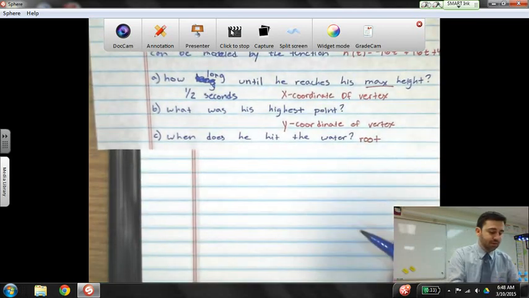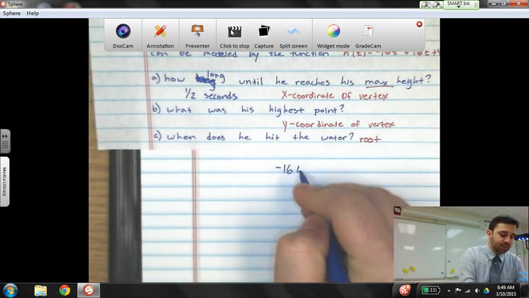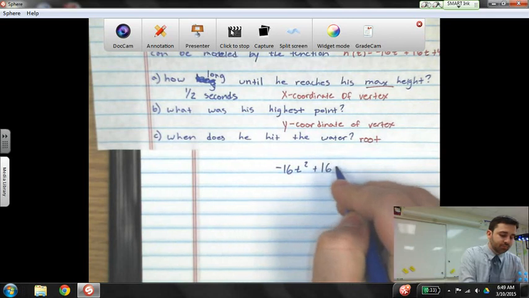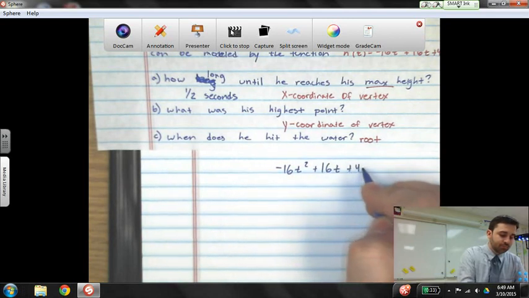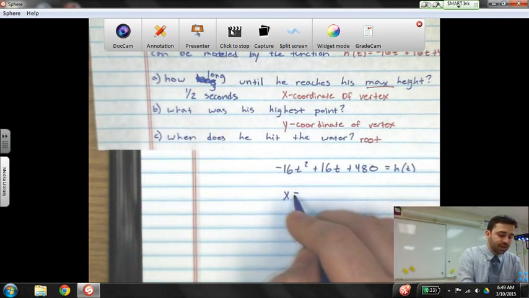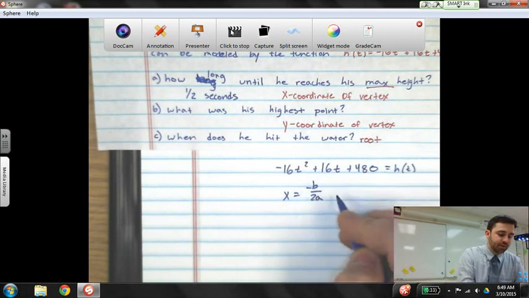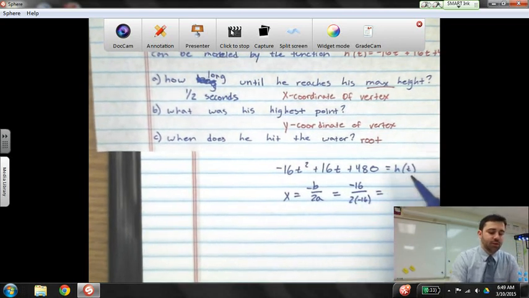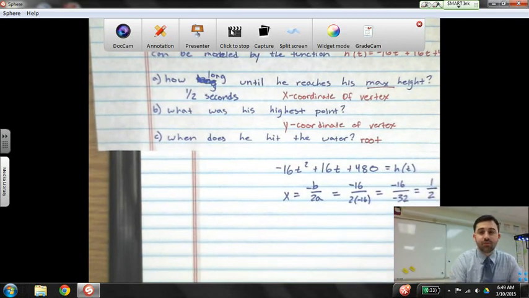So in this situation, remember my function, and I could find the axis of symmetry by opposite b over 2a. So opposite 16 over 2 times a negative 16, which would give me negative 16 over a negative 32, which simplifies to 1/2.